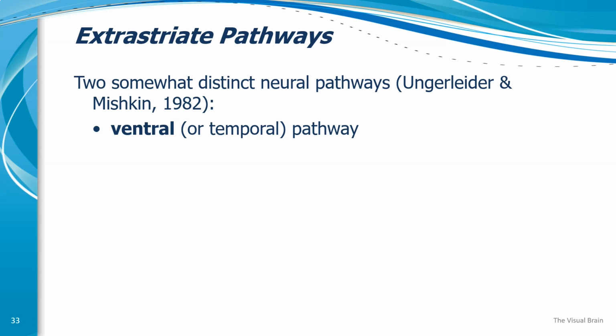So just to recap how we got to where we are, we started off with parvo cells in the LGN, remember? That went to area V1, then to certain parts of V2, and then to V4, and then to the inferotemporal cortex. What do all of these areas have in common?